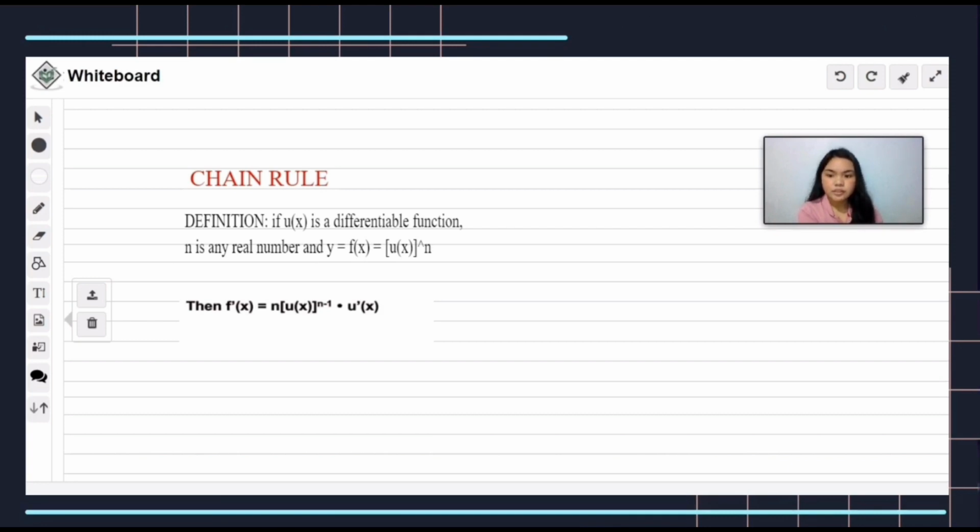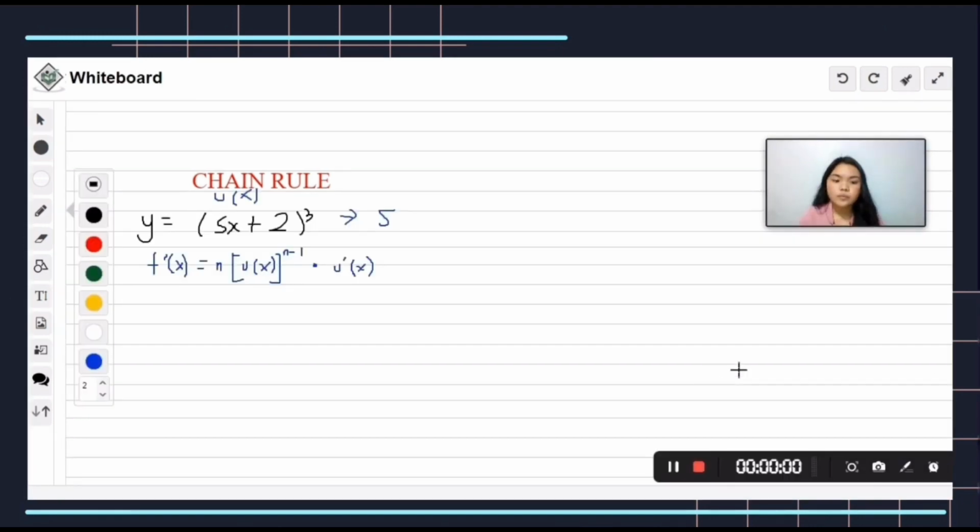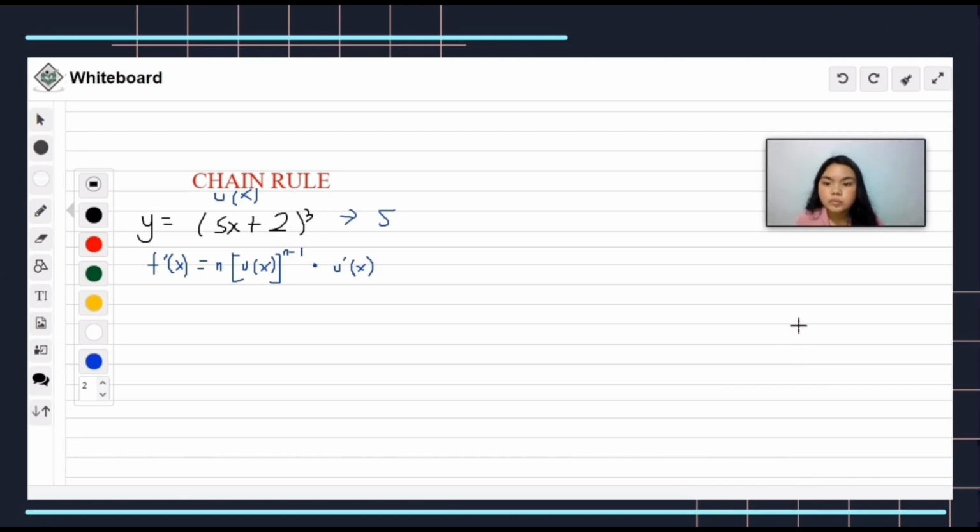Then the derivative f'(x) is equal to n times [u(x)] raised to n minus 1, multiplied by the derivative of u(x). An example for chain rule is y equals (5x + 2) raised to the cube.